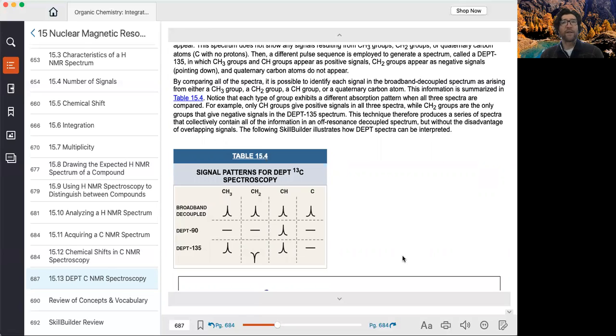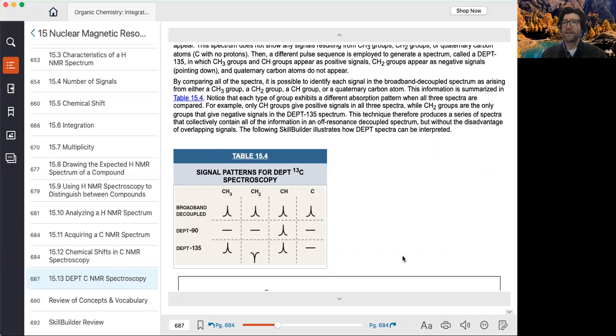From the DEPT-135 experiment, you can find out which carbons are CH3s and CH2s, because CH3 groups will show up as a positive peak in DEPT-135, and CH2 will show up as a negative peak in DEPT-135.